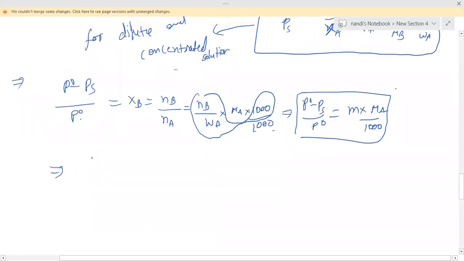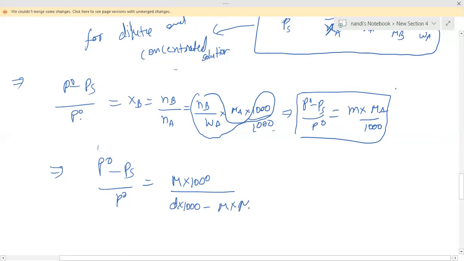So by giving molality also they can ask the relative lowering of vapor pressure. Or in place of molality, I can write in terms of molarity also. We know the molarity and molality relationship: M into 1000 by (density into 1000 minus M into gram molecular weight of B), B means solute, keep in mind, into MA by 1000.